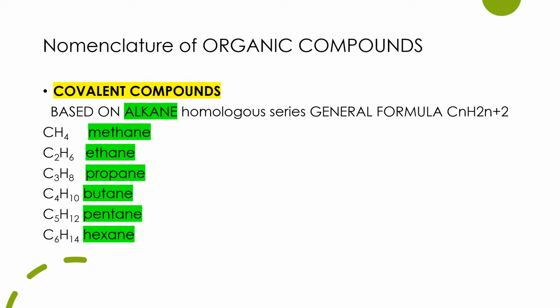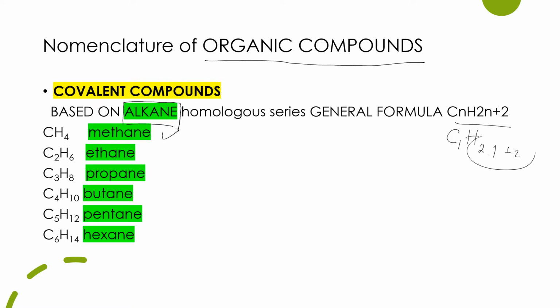For organic compounds, the basic group for nomenclature is the alkane group. The alkane group has general formula CnH2n+2. So when the number of C is 1, then the number of H is 2 times 1 plus 2, which is 4. So CH4.